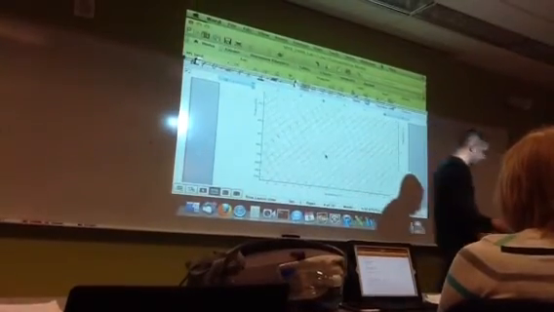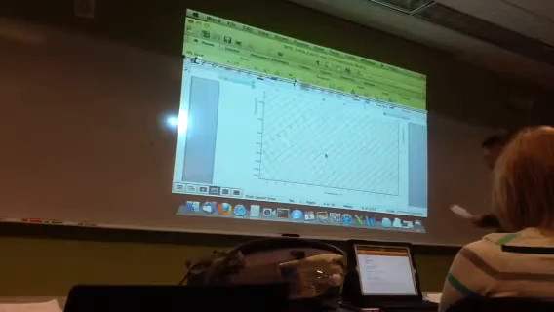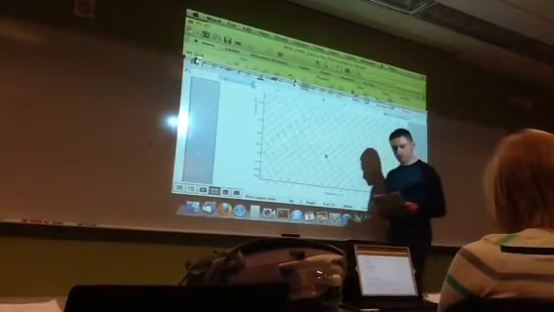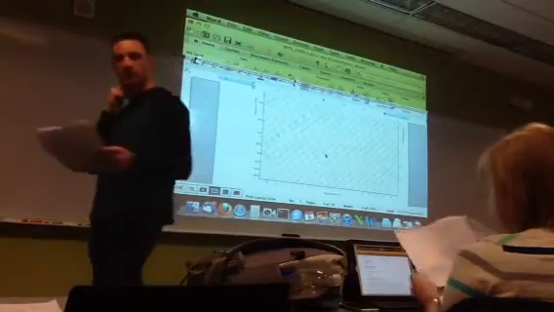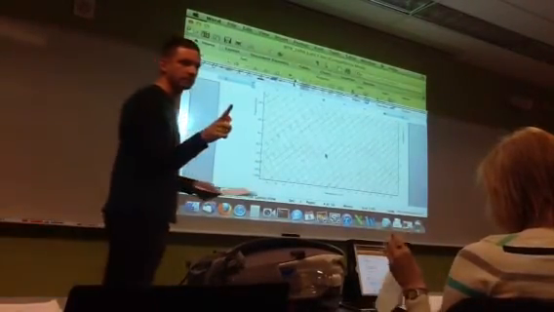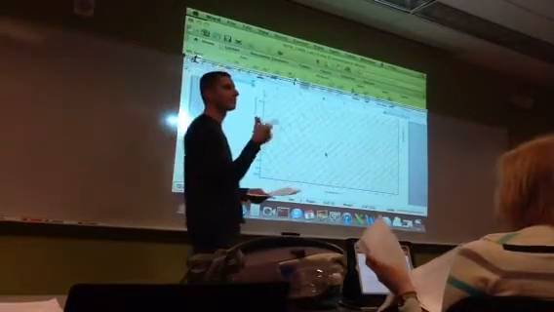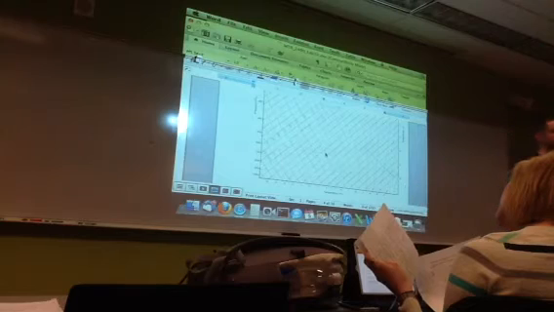K index. This one is fairly straightforward. Temperature at 850 minus temperature at 500 plus the dew point temperature at 850 minus the dew point depression at 700. What is the dew point depression? Difference between your temperature and your dew point.